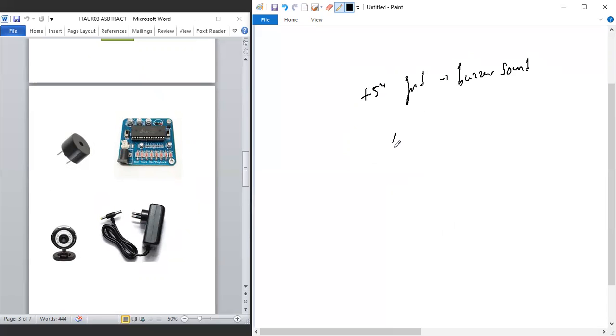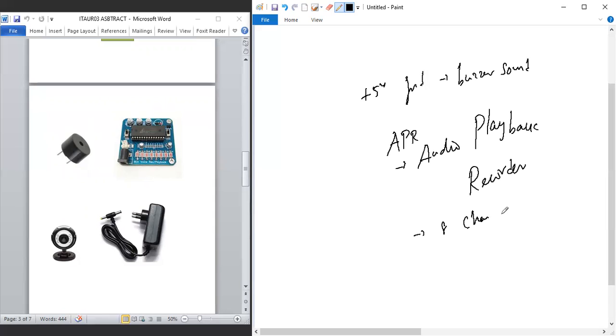The second one is the APR module, which is an audio playback recorder. It has 8 channels and can store up to 1.30 minutes of audio. This is a digital module, and its operating voltage is plus 5 volt DC.